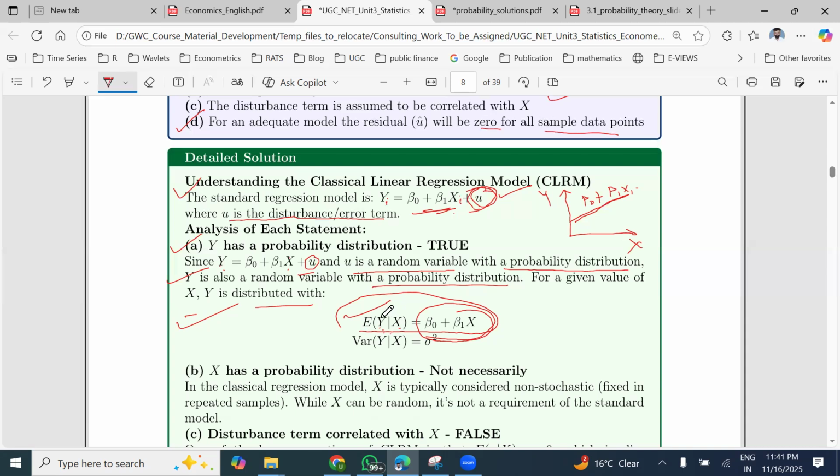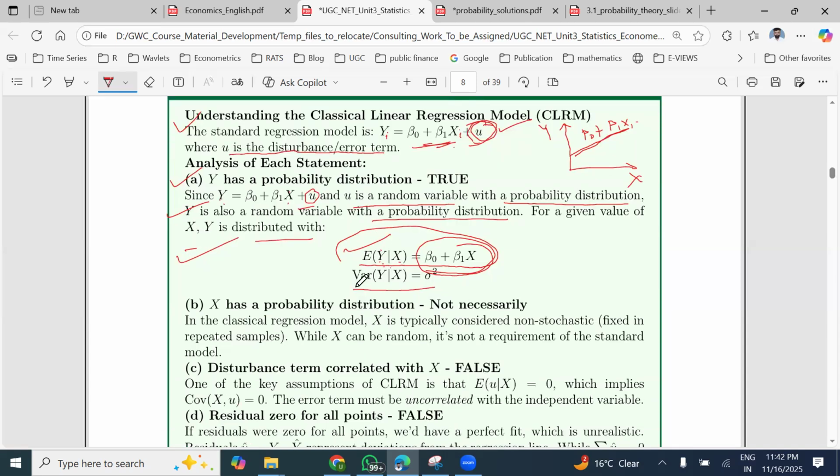Then y is a random variable, so obviously y has a probability distribution, right? Because you are trying to estimate, with a given value of x, the expected value of y, which is equal to beta naught plus beta 1x, the regression line, and variance of y given x is equal to sigma square.